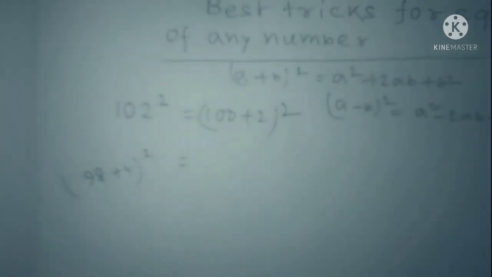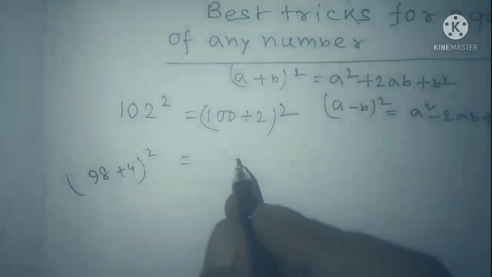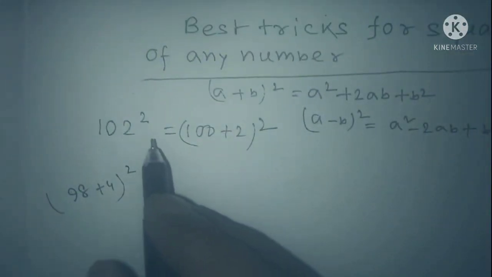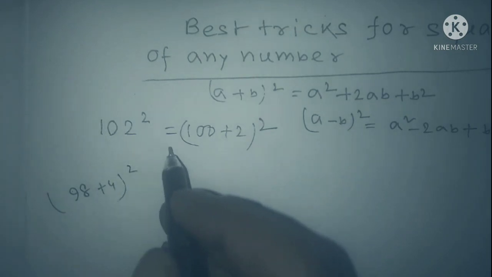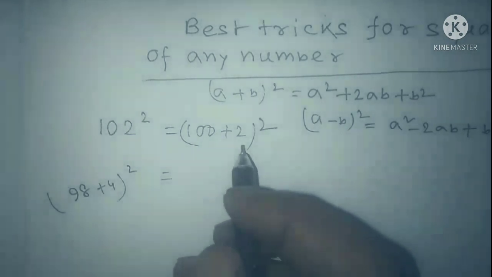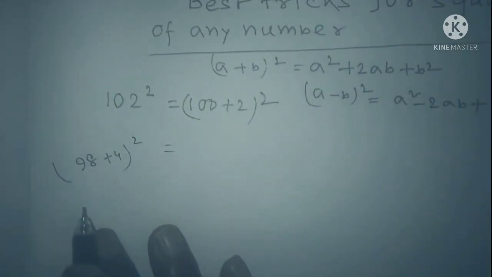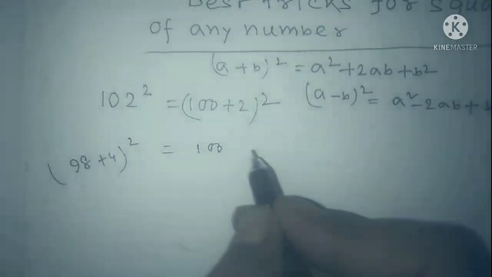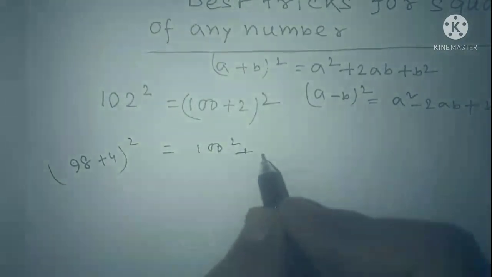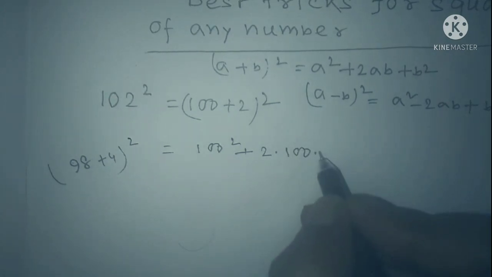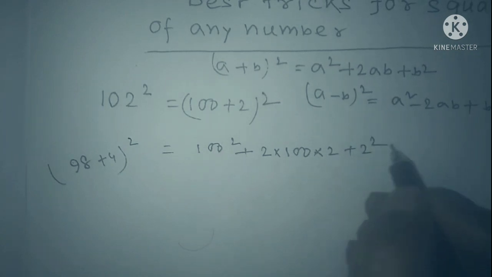So in this method, first of all I am breaking 102. You can write 102 as 100 plus 2 whole square. So you can apply the formula easily: 100 square plus 2 into 100 into 2 plus 2 square.